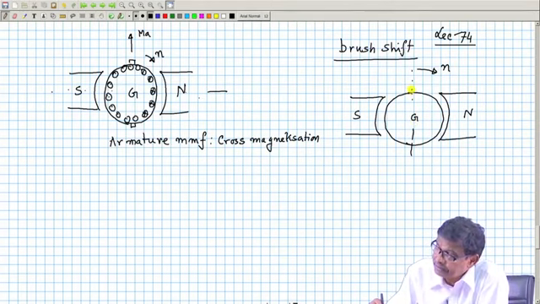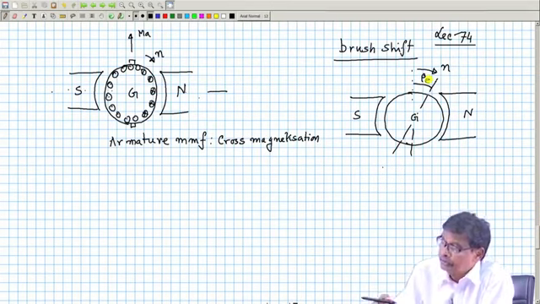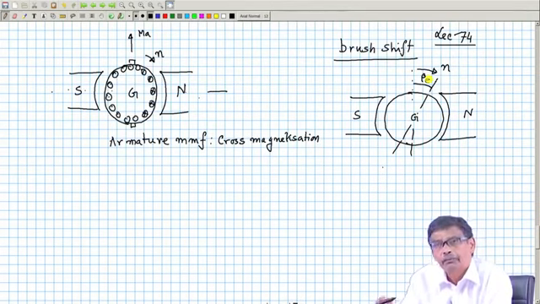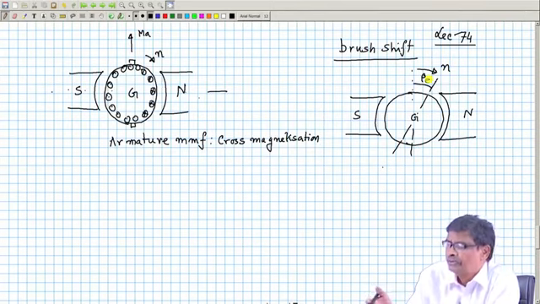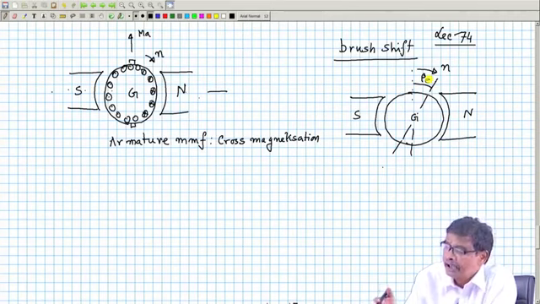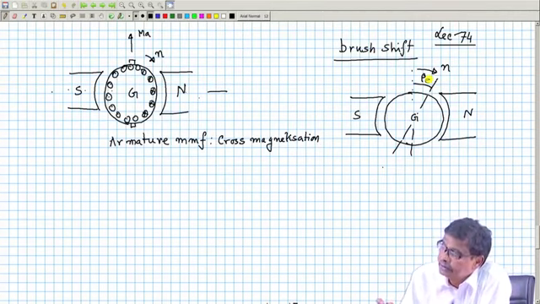Now, the brushes, instead of placing them here, are given a shift by some angle beta electrical. Mind you, it is the representation of a multipolar machine, because under two poles the same thing is going to happen. So, people prefer to always draw a two pole diagram and show all the angles as electrical, that should be clear in mind.